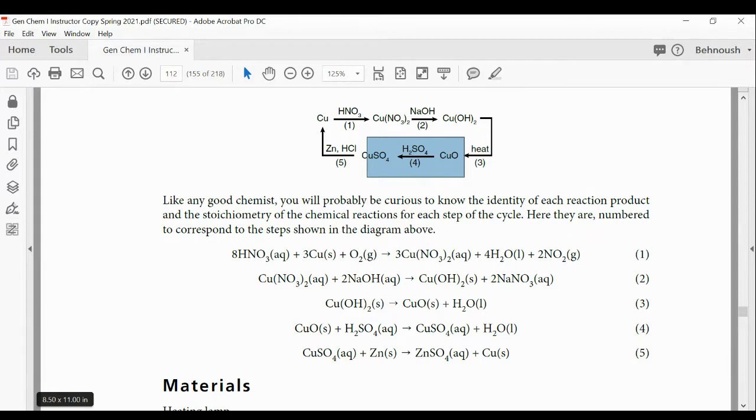Because copper sulfate is soluble in water, on the last step, what type of reaction is reaction 5? Copper sulfate plus zinc. What type of reaction? Redox reaction. And what else? How else can you identify it? There is another classification for it as well.